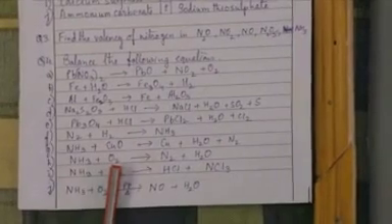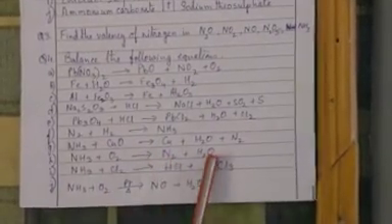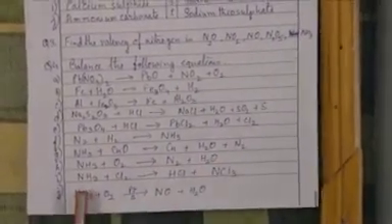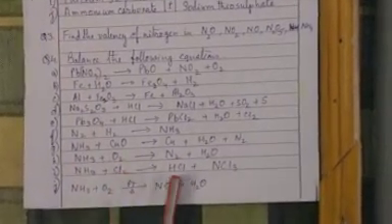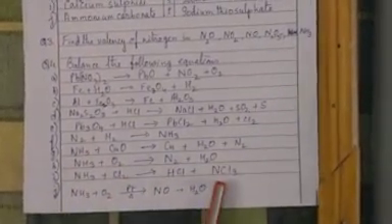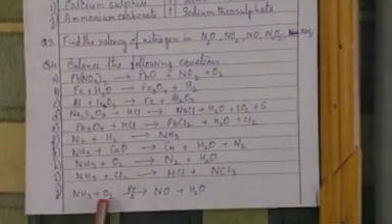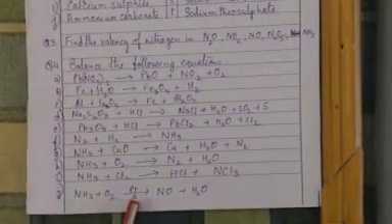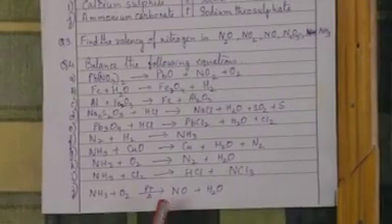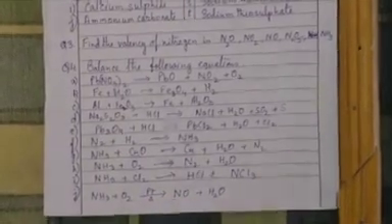NH3 plus O2 gives N2 plus H2O. NH3 plus Cl2 giving HCl plus NCl3. NH3 plus O2 in presence of platinum and heat gives NO plus H2O. You have to balance these equations.